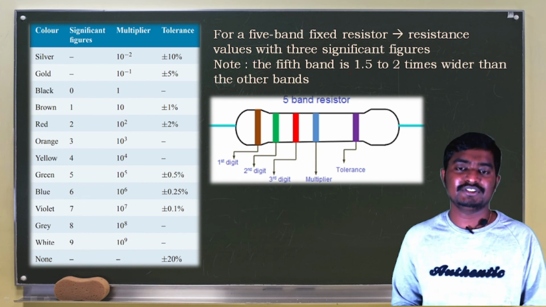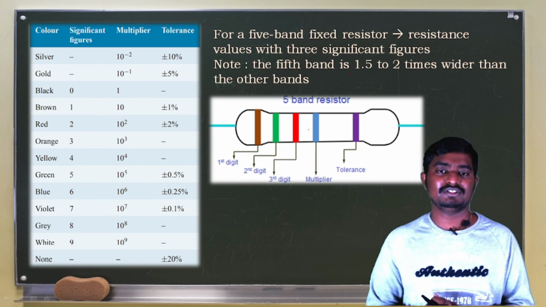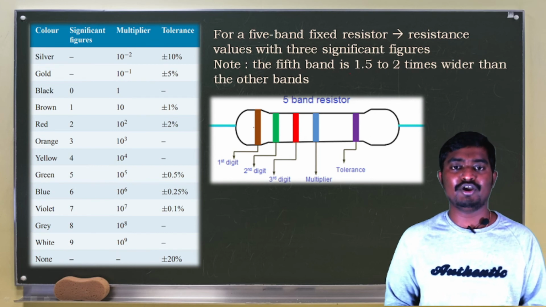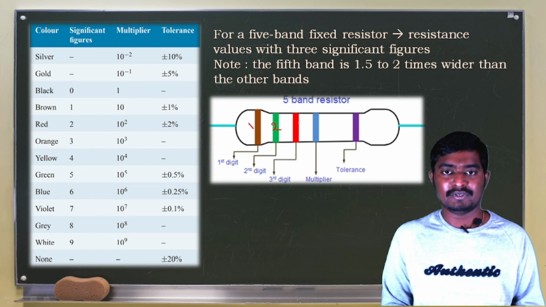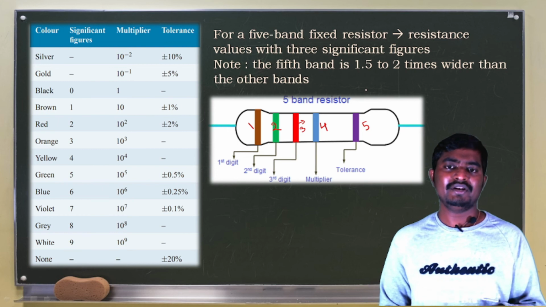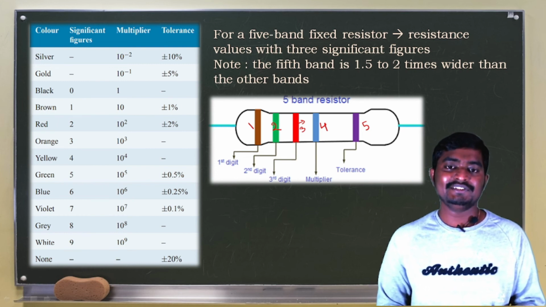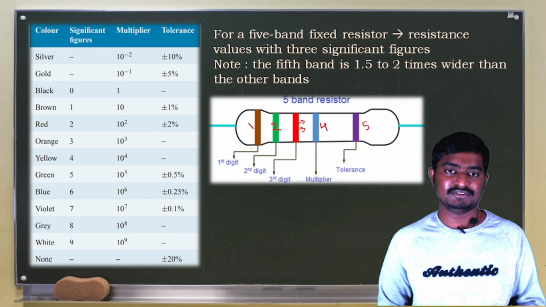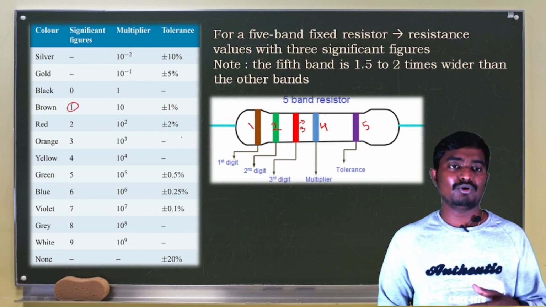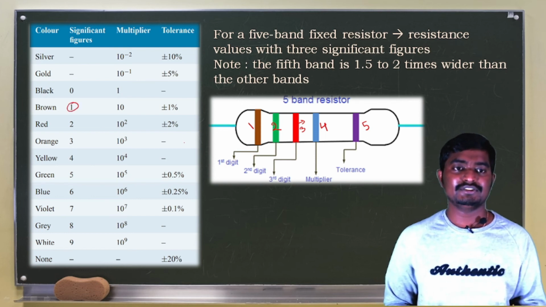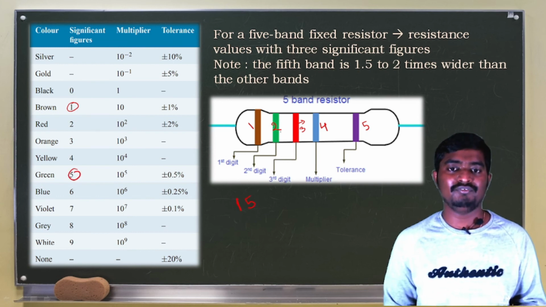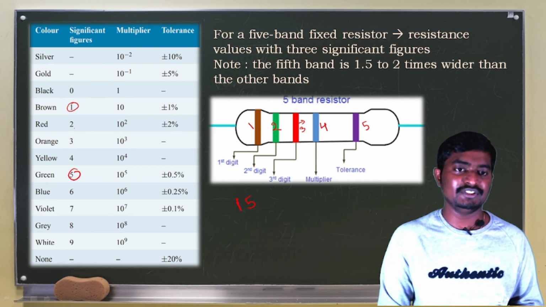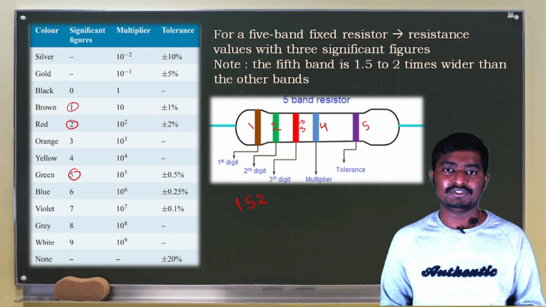For a 5-band fixed resistor, the resistor has 5 bands. This is band number 1, band number 2, band number 3, band number 4, and band number 5. For the 5-band resistor, the first 3 bands give significant digits, and the first digit is brown. For brown, the value of the significant digit is 1, for green it is 5, and for red it is 2. Next is the multiplier.